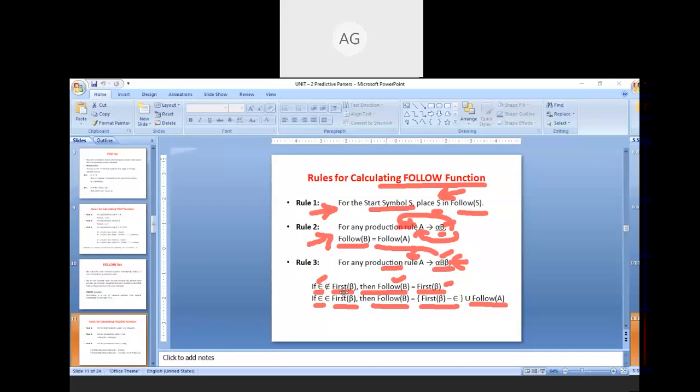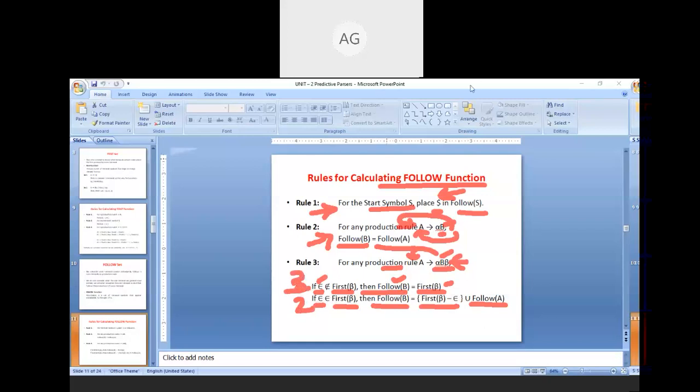If epsilon is there, then it will be treated as rule number 2. And if epsilon is not there, then it will be treated as rule number 3.